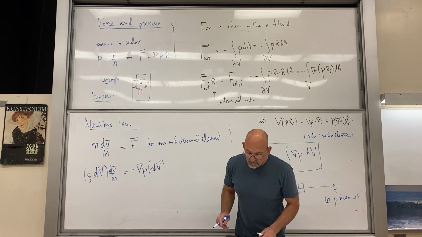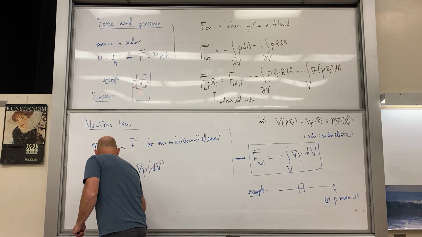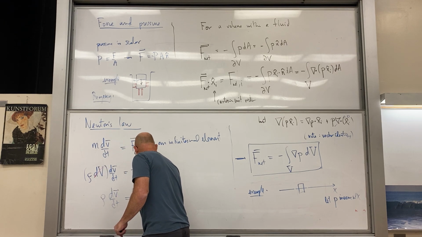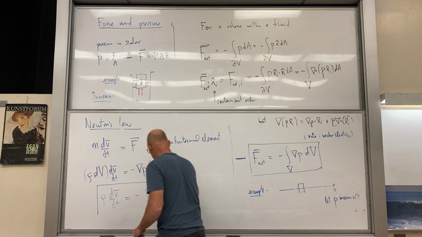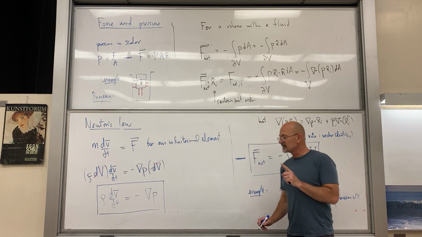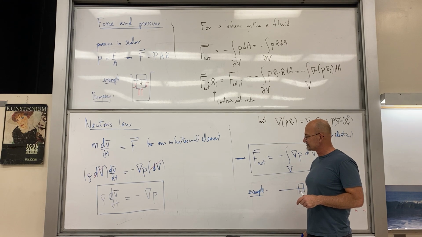Should I divide by rho? Not quite yet. So rho dv/dt is equal to minus gradient of P. So that's Newton's law in a fluid, but it's not the form we're going to use it in yet. We have to do one more step on this.